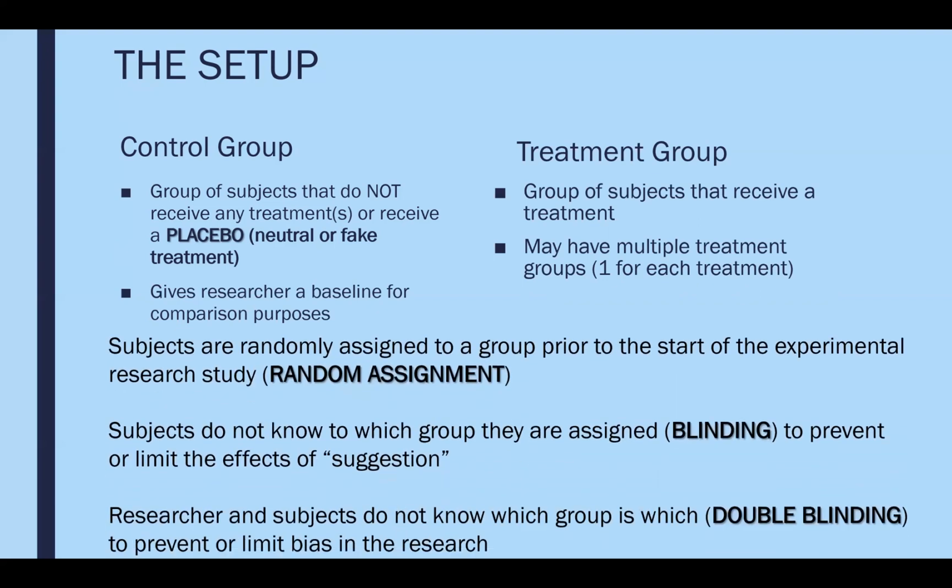Now, how do you go about deciding which group each person is in? Let me see if I can get through this real quick. I've got 1 minute left. Ideally, your participants, your subjects, are randomly assigned to a group before you actually start your experiment.